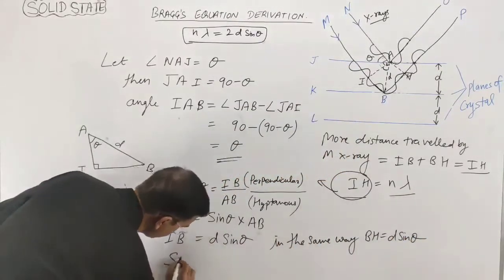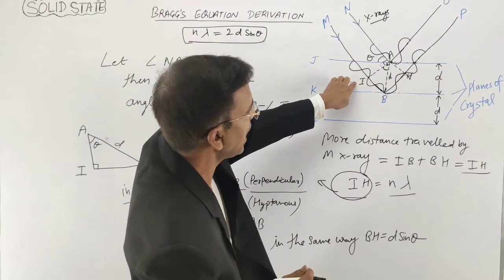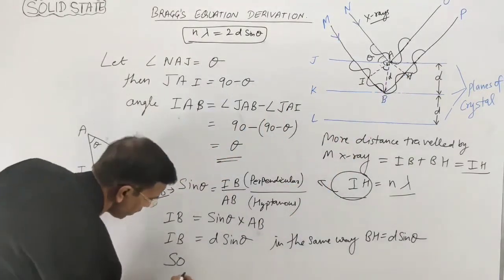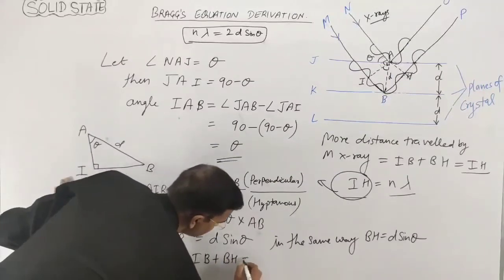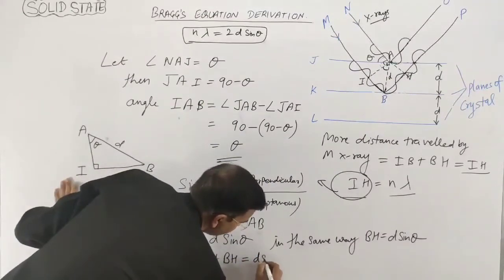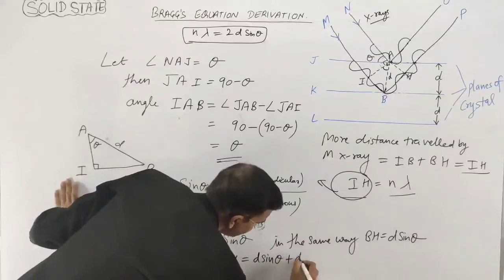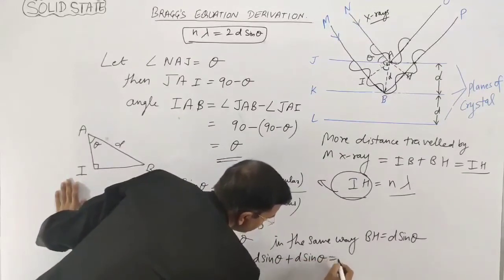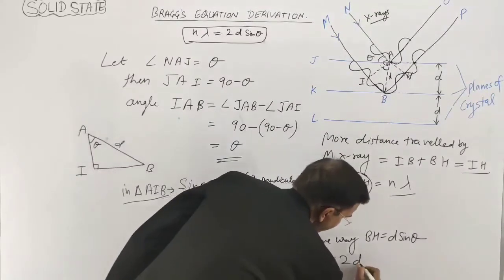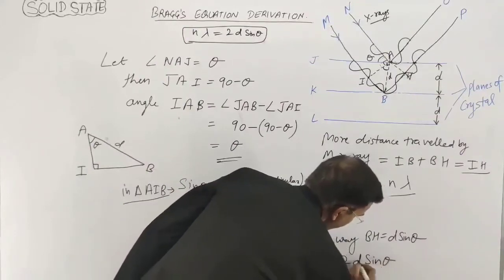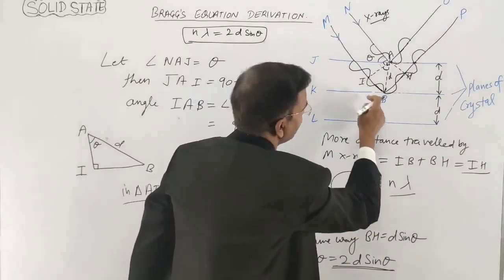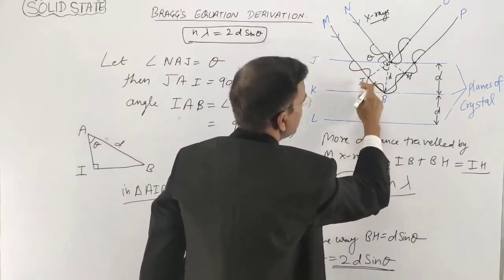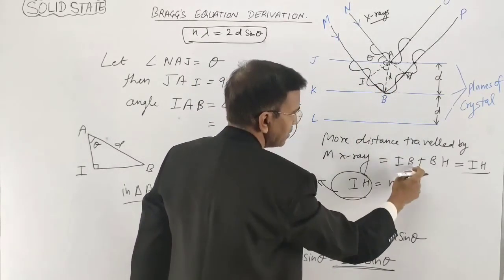So we have to measure this IB plus BH. So IB plus BH is equal to d sin theta plus d sin theta, it is equal to 2d sin theta, right? And this 2d sin theta, the extra distance covered by the ray, must be equal to n lambda.